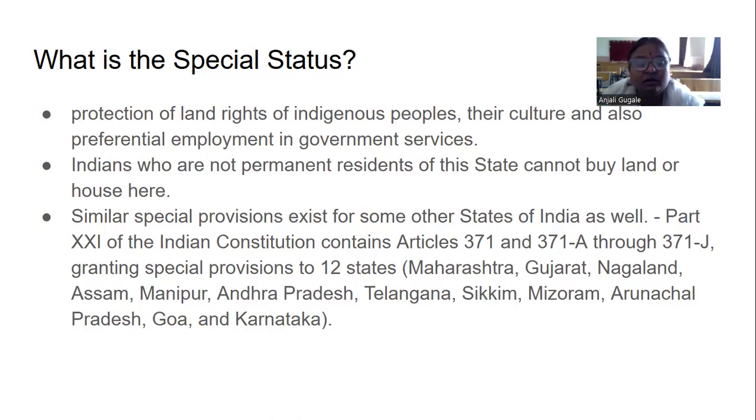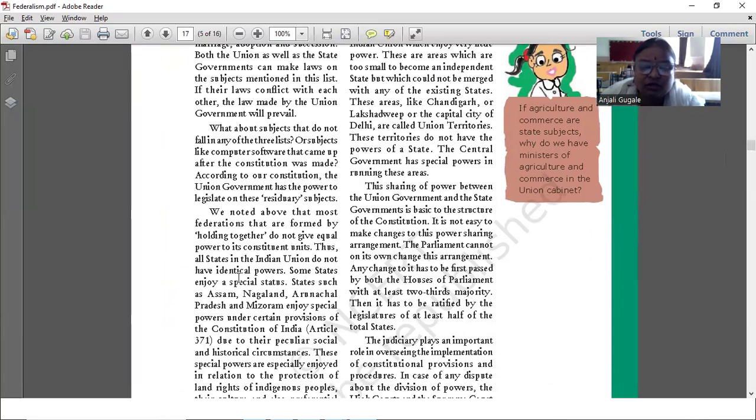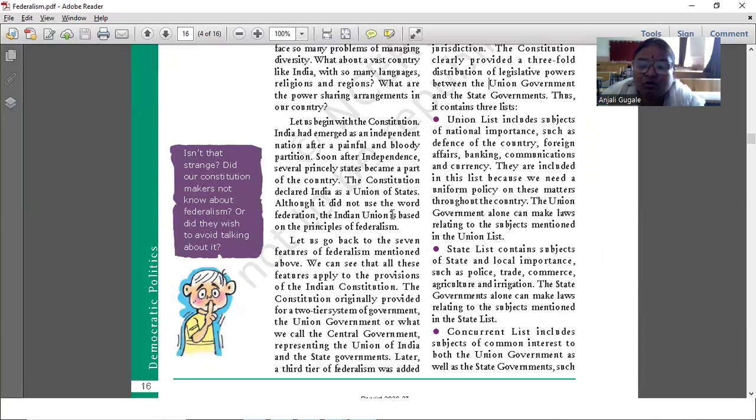Similar special provisions exist for some other states of India as well. This sentence has been given in your textbook, but it has not been elaborated. Here it is mentioned that special status has been given to some states of India.